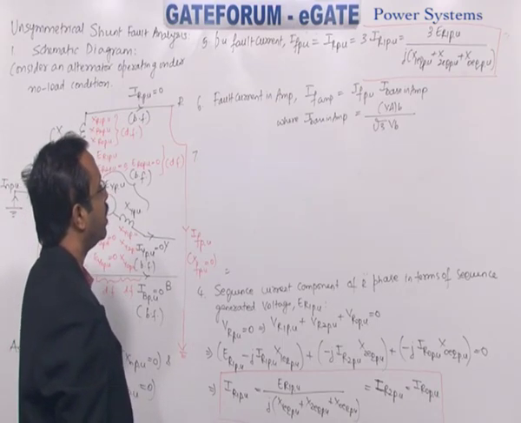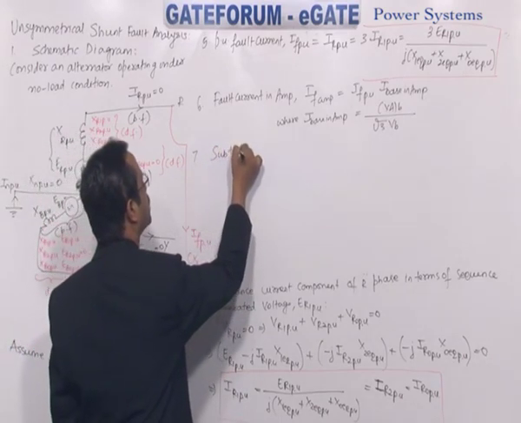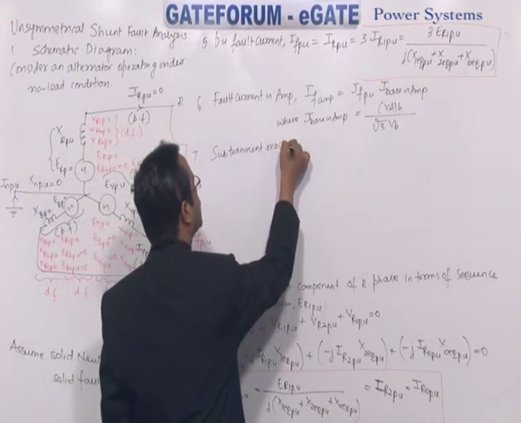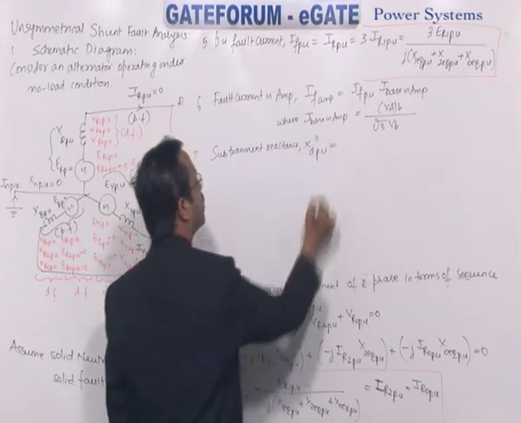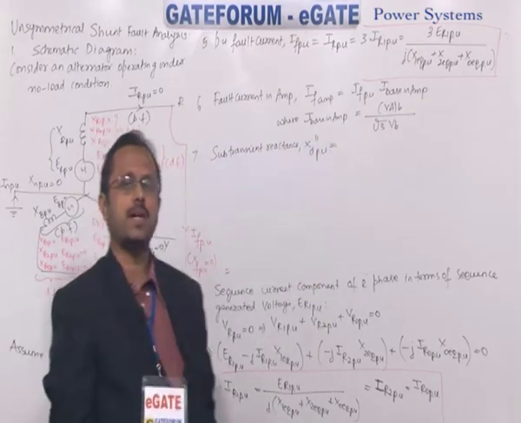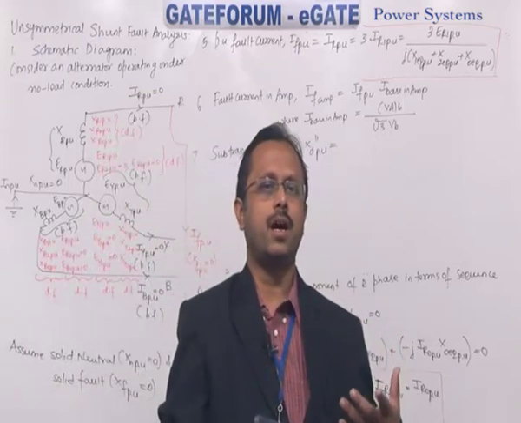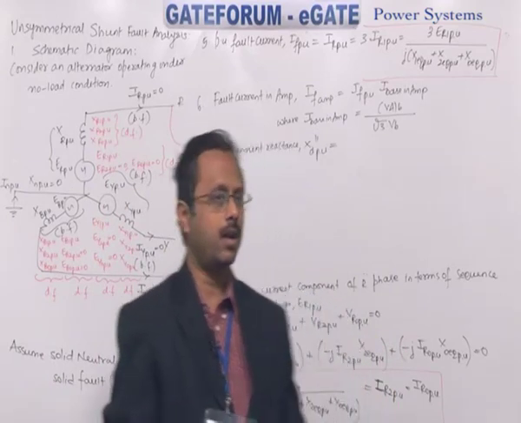Now we have to find the subtransient reactance XD double dash. What is the definition of subtransient reactance? The reactance offered by the alternator immediately after occurrence of fault.